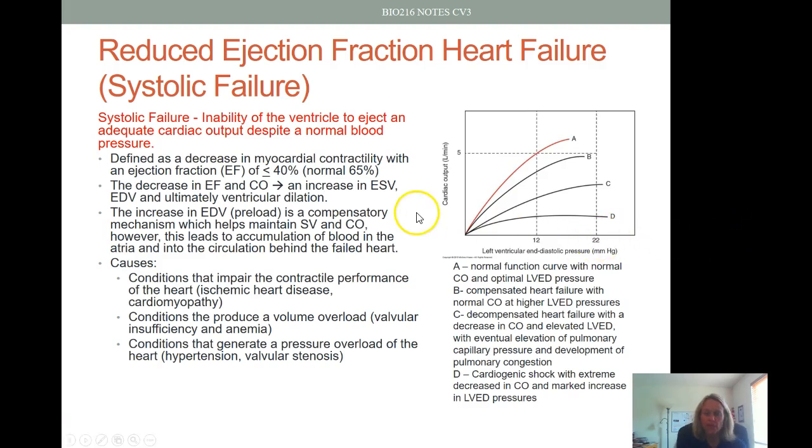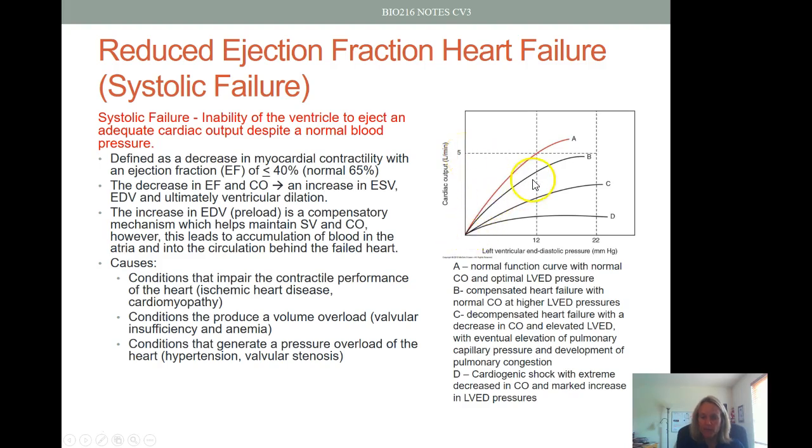Okay, let's take a minute and look at this figure here. It shows cardiac output in liters per minute plotted over the left ventricular end diastolic pressure in millimeters of mercury. Curve A shows a normal myocardial function curve with a normal cardiac output and an optimal left ventricular end diastolic pressure. Okay, so shown right here at 12 and 5 liters per minute cardiac output.